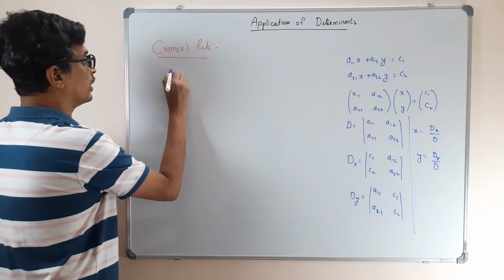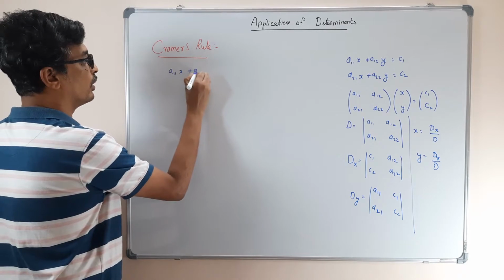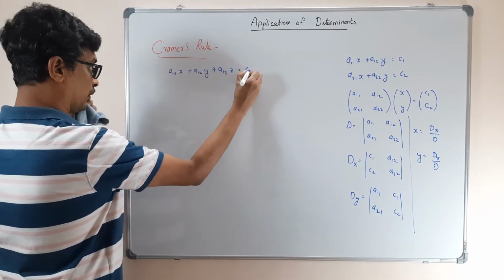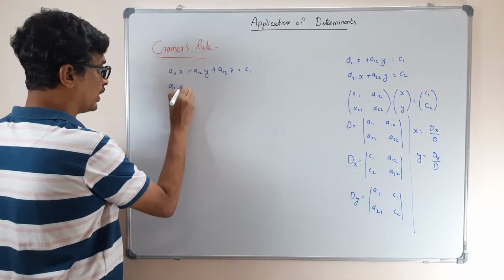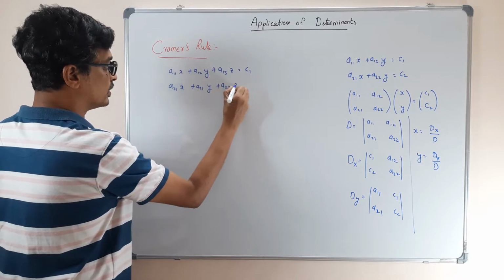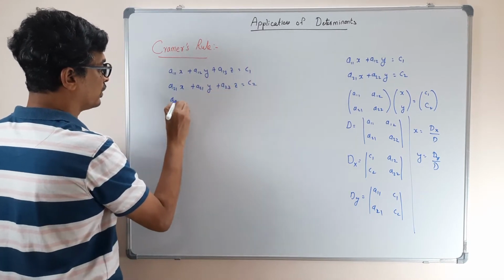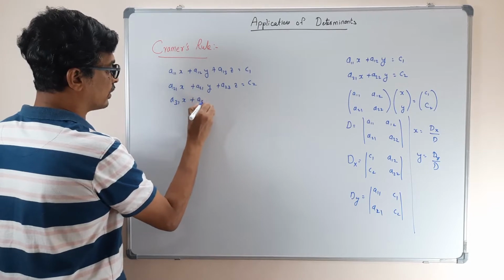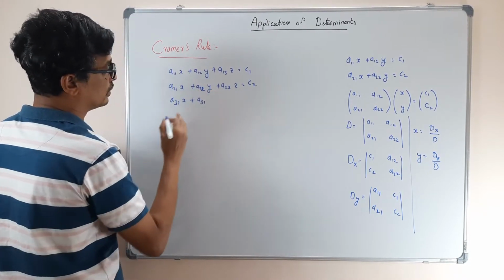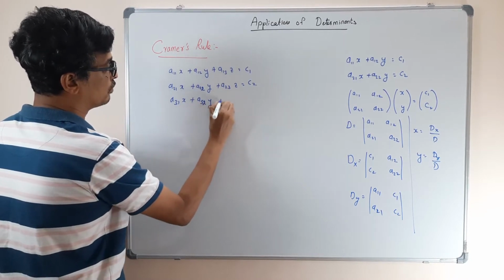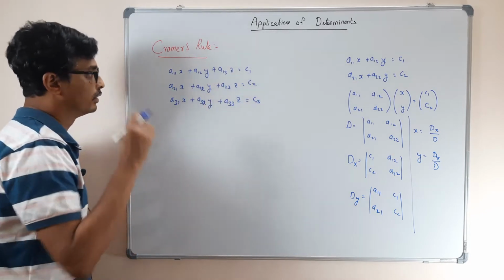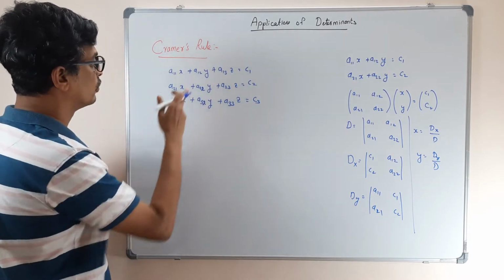Let us say, for example, a11x plus a12y plus a13z equal to c1, a21x plus a22y plus a23z equal to c2, a31x plus a32y plus a33z equal to c3. If I am writing a mistake, correct me.